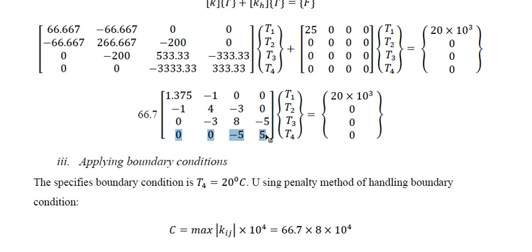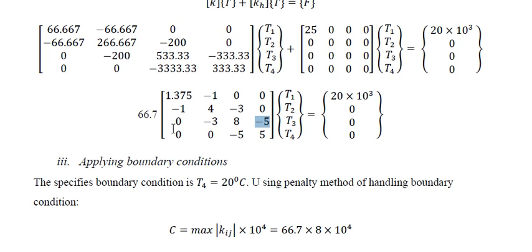If you are going with elimination method, please listen carefully. If you are going with elimination method, since T4 is known, we should eliminate fourth row and fourth column. But since this number is there, we have to change that to 0.